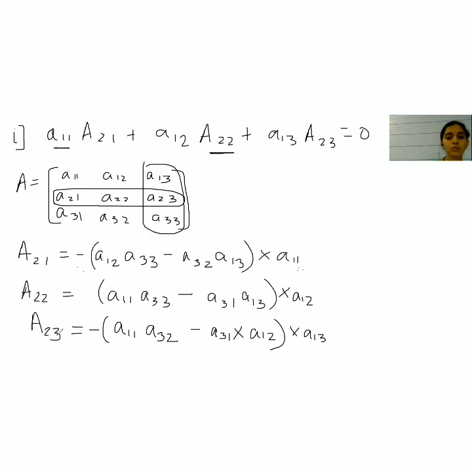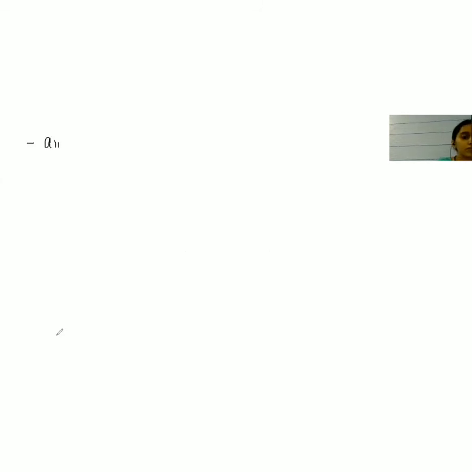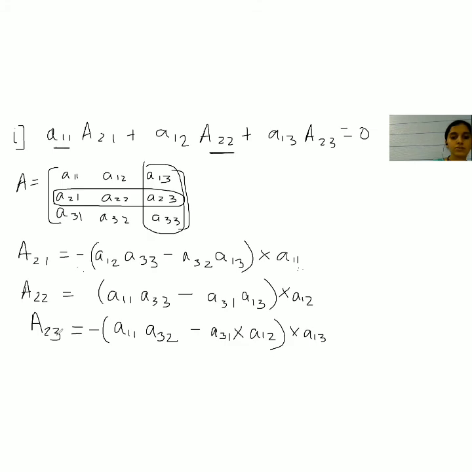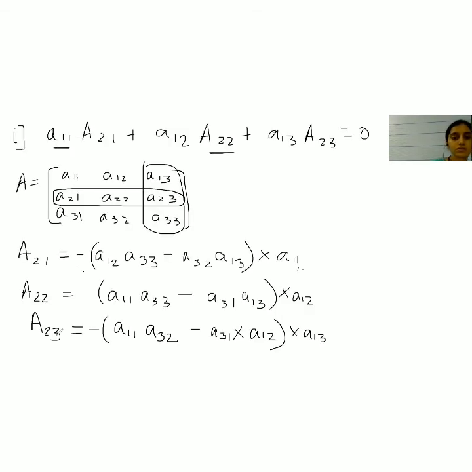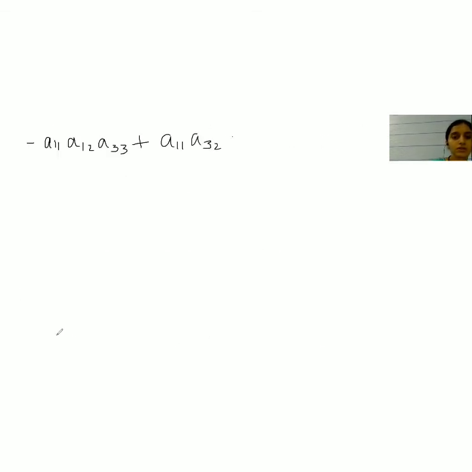So minus A11 into this is our first term, A22, A11 and A33. Next, minus into minus gives plus A11, A32, A21, A13, A32 and A13.